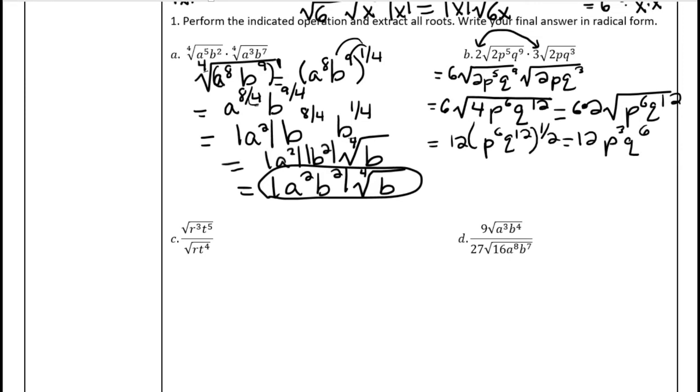And now, since I did an even root, I'm going to do the absolute value over everything there. A square root is an even root, all right? So I'm going to put the absolute value there. I don't have to put it in radical form because it's already whole numbers, so we're good here. That's our final answer.